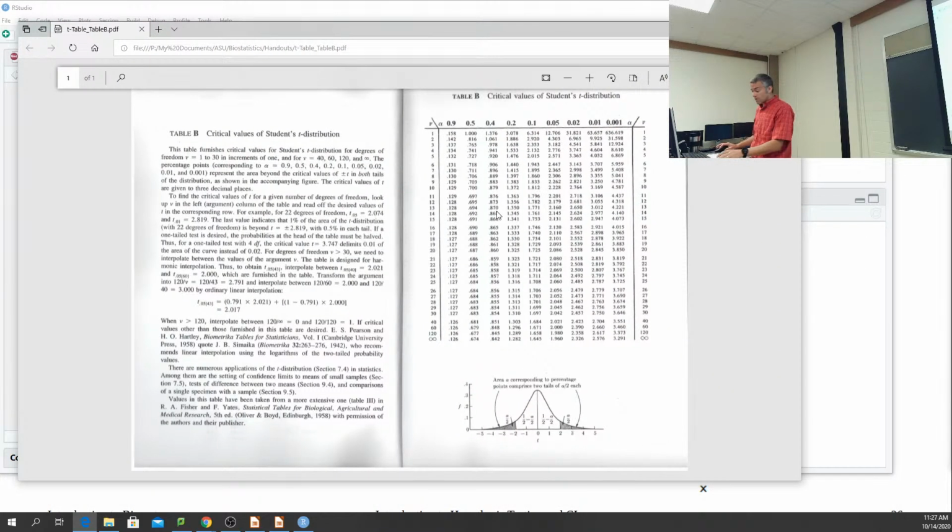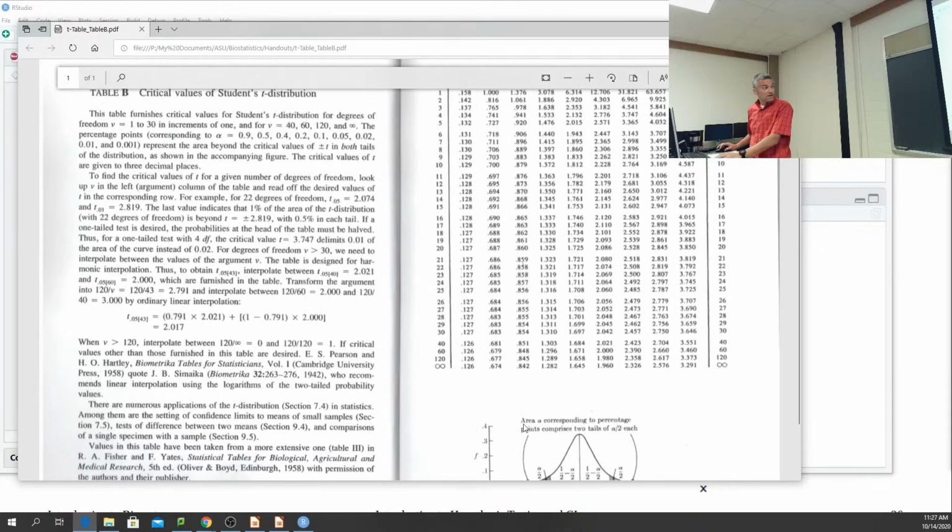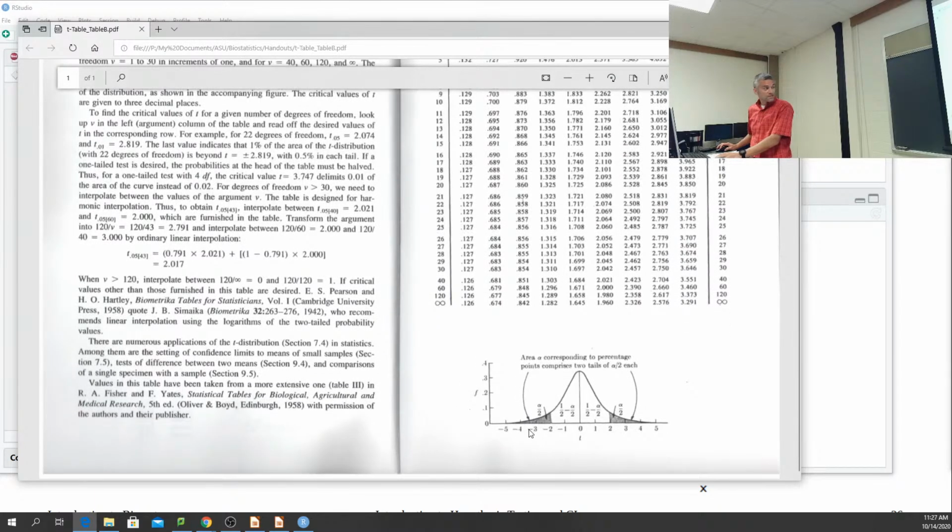This is from Sokal and Rohlf. This is critical values of the t-distribution. What is important is what it gives us. In the book, it tells us what area it's giving us. It's going to give us the tails. That's what we're focused on.